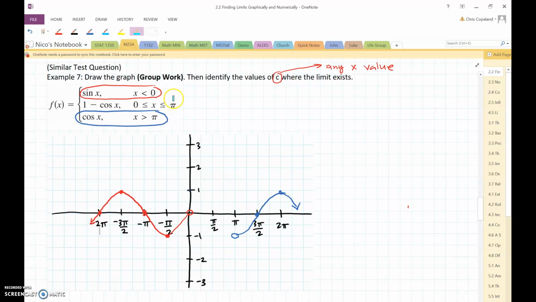Then finally, I need to graph one minus cosine x. So it might be best just to do a table for this one.